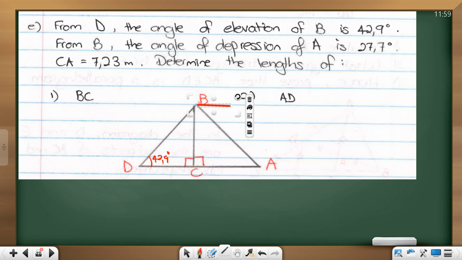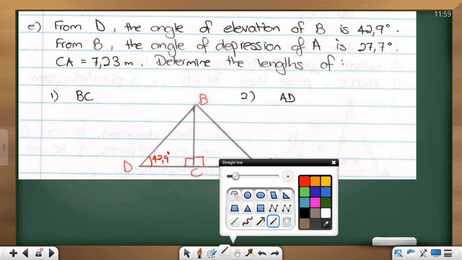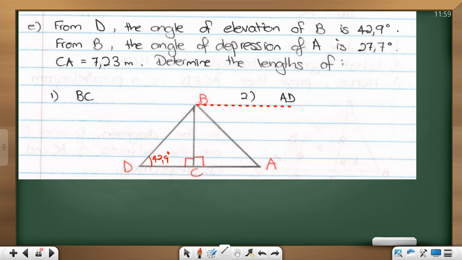Actually, your angle of depression is measured from the horizontal. That angle is 27,7. From B, depression, you're looking down, A is 7,23.